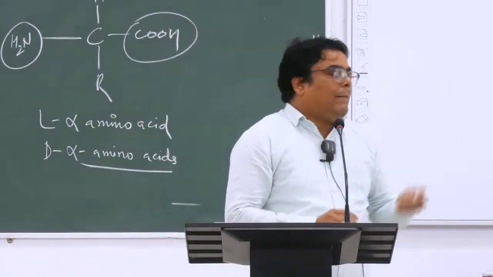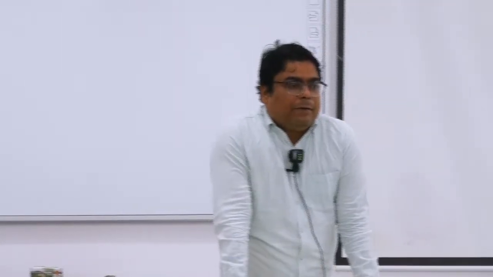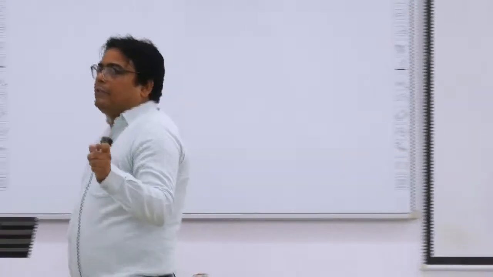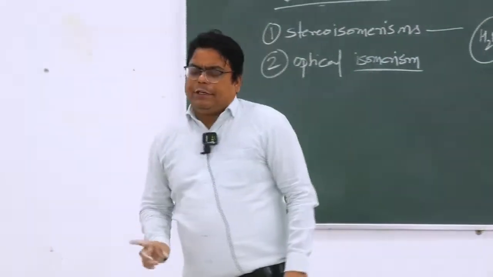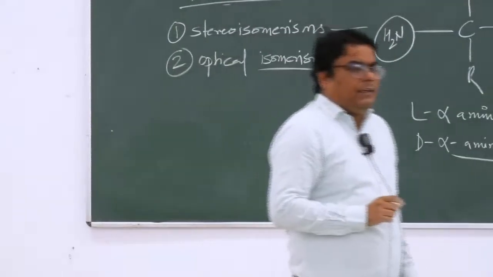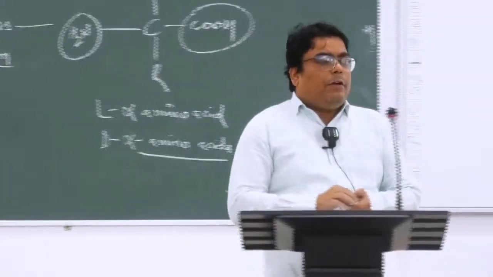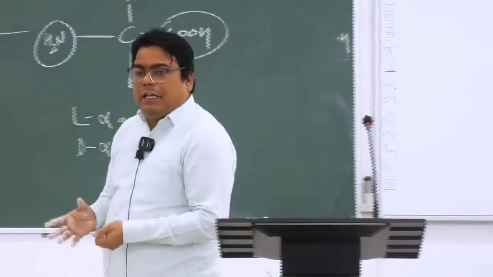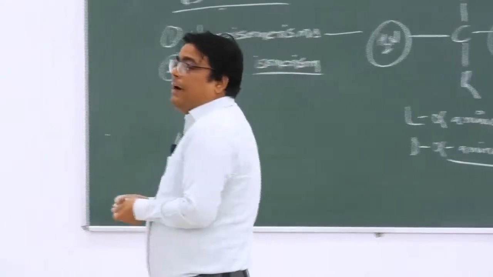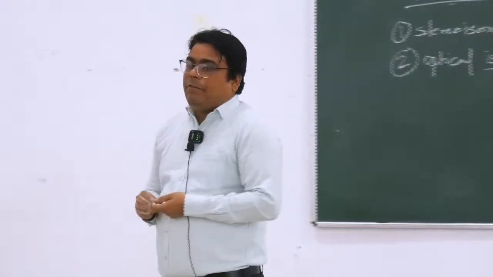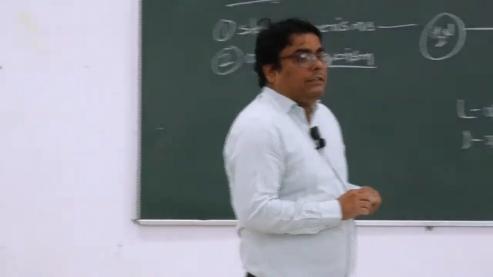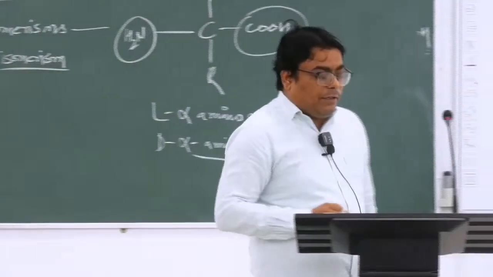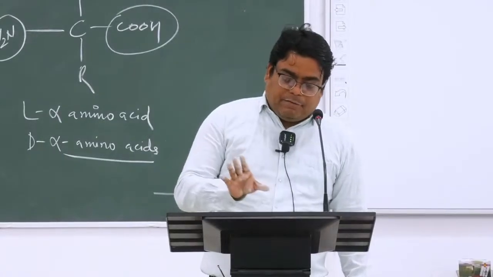All the amino acids present in mammalian tissues are L alpha amino acids, and D alpha amino acids are present where? In the bacterial cell wall and in some antibiotics, such as streptomycin and other antibiotic proteins.